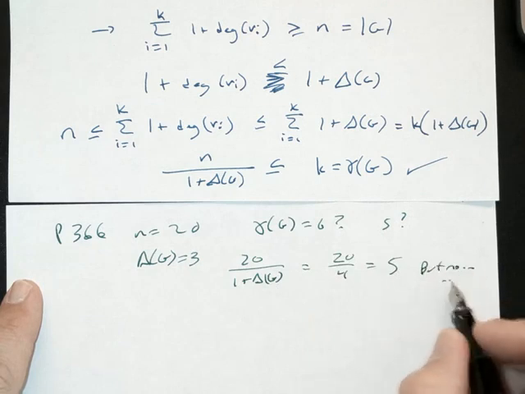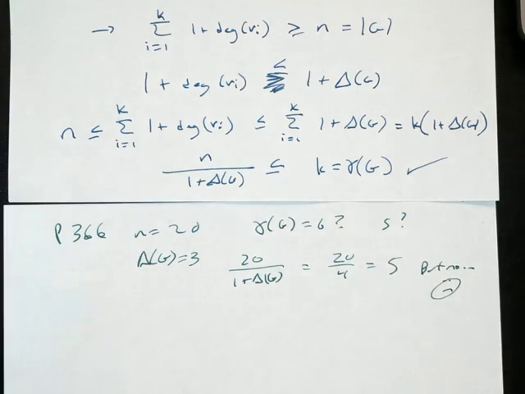Summary of these minutes of discussion. If I have a dominating set for a graph, it means every vertex in the graph is adjacent to at least one vertex in the set.